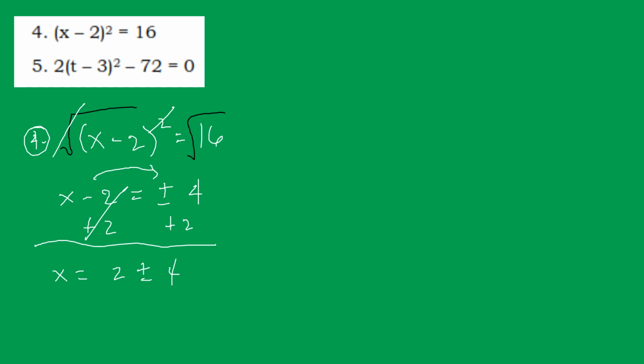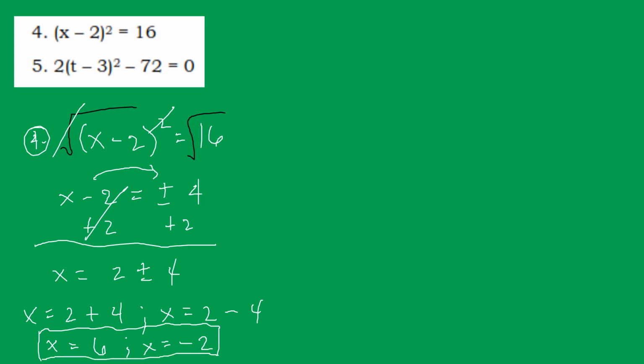It's positive 4 and negative 4. So, paghihiwalay natin siya para makuha natin yung solution. So, what will happen is that it will become x is equal to 2 plus 4 and x is equal to 2 minus 4. Therefore, our solutions are x is equal to 6 and x is equal to negative 2.